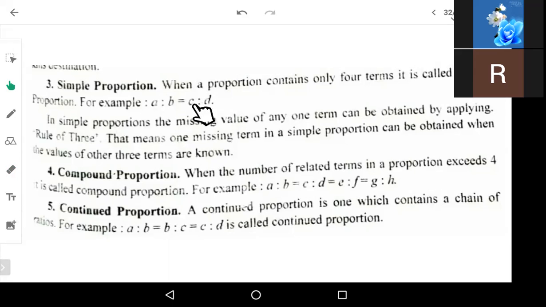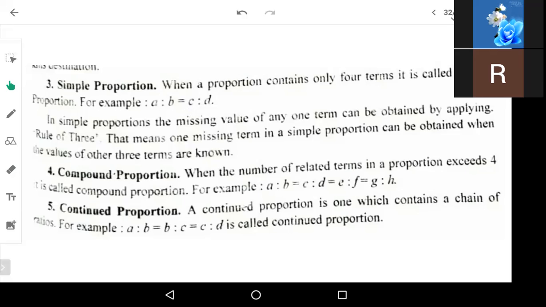Suppose they have given you the data of B, C, and D, and you don't know the value of A. So, using the simple proportion and the rule of proportion, you will be able to find out the value of A. Three data will be given, and using the three data, you will be able to find out the other one which is left out.